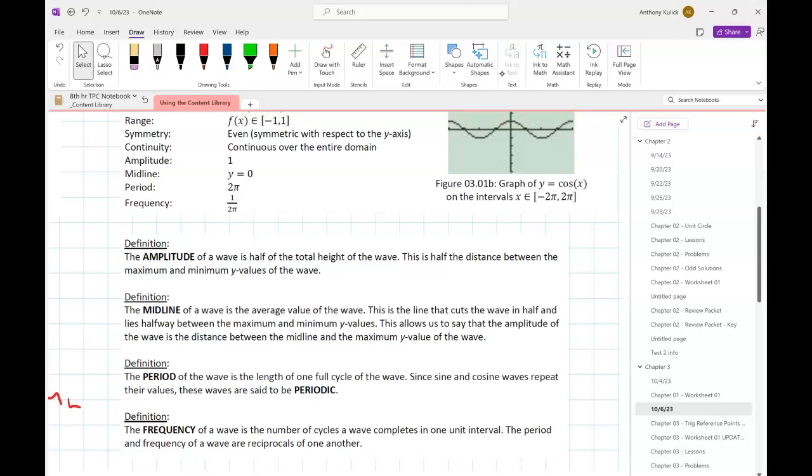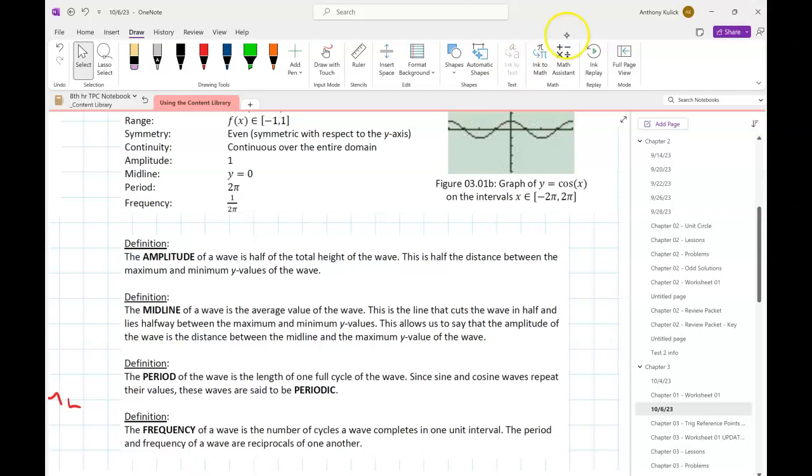So what we've done so far is we've now created and formalized a function for sine and cosine. And we've talked about some visual attributes those functions have: the amplitude, the period, the midline, the frequency all have to do with visually what the graph looks like.